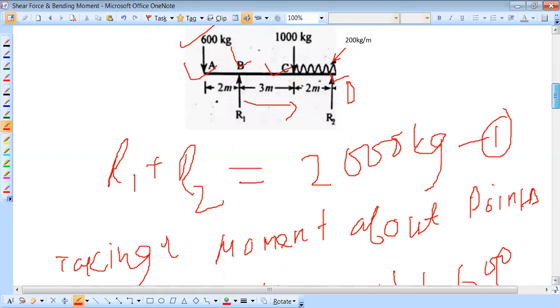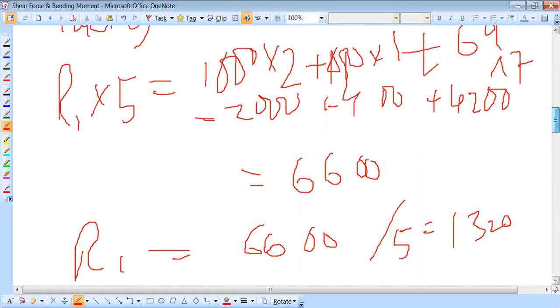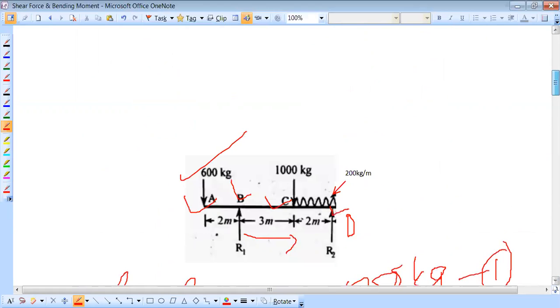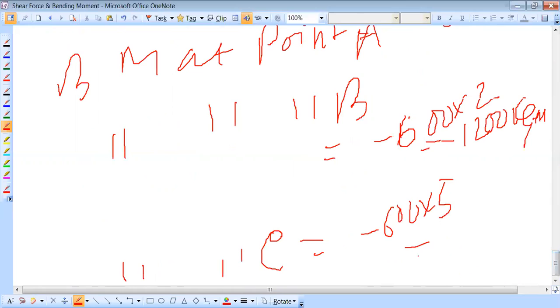The value of R1 we already found. The value of R1 is 1320 into 3, upward direction, plus 1320 into 3. Then we can easily calculate this.